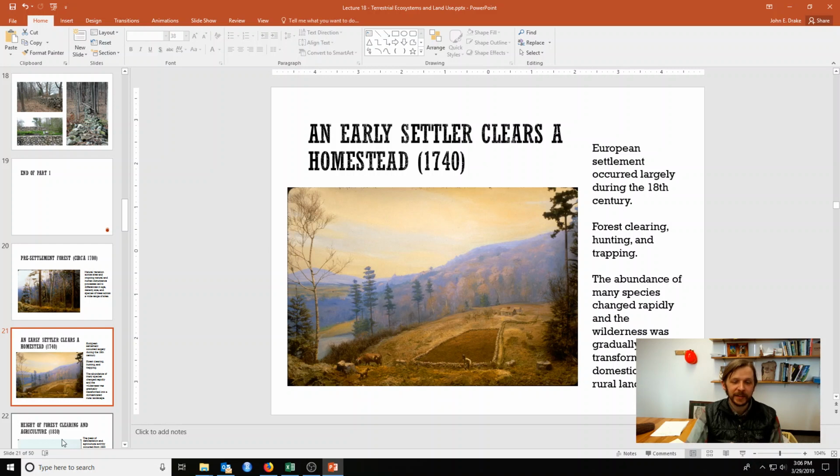And so this existed in a patchwork manner as different settlers are clearing and utilizing land in this way, transforming this landscape that was dominated by forests to a more pastoral or rural landscape that included small-scale domestication.